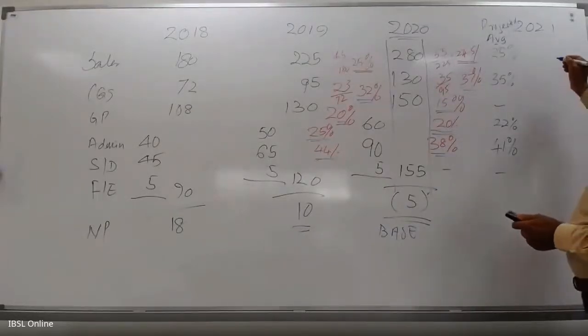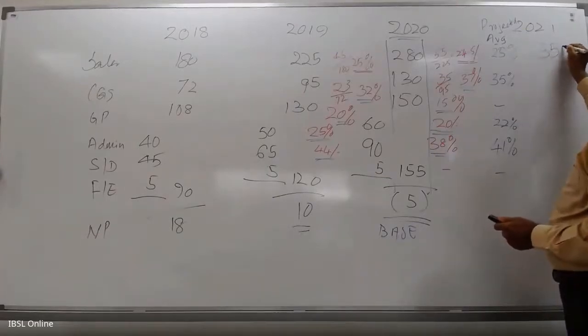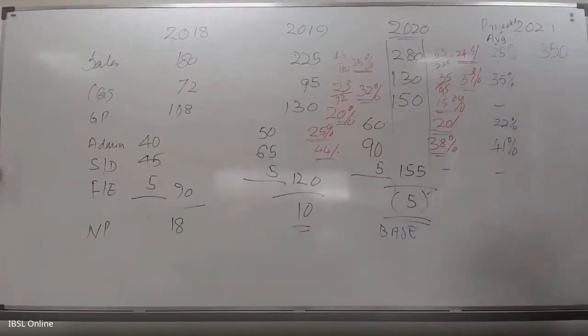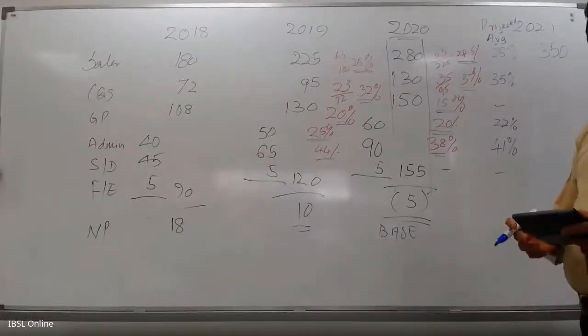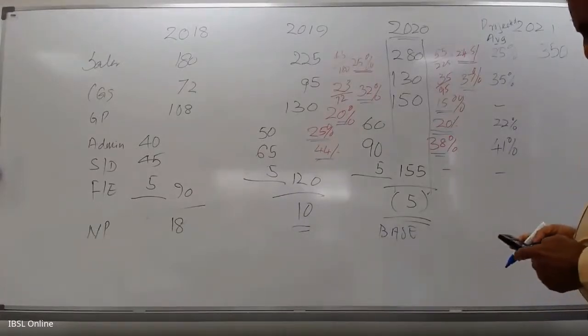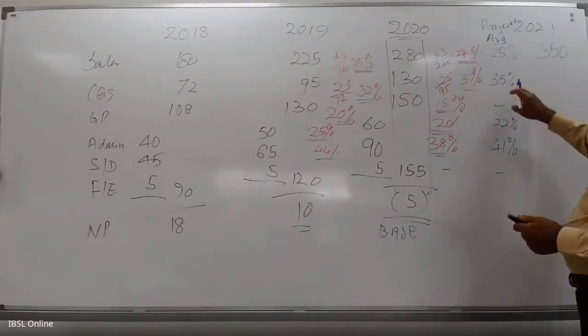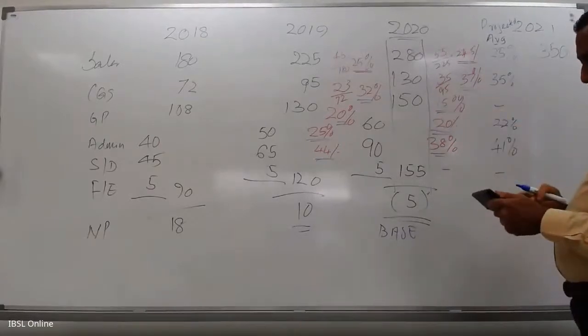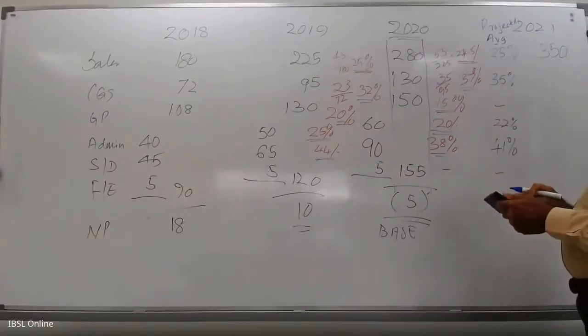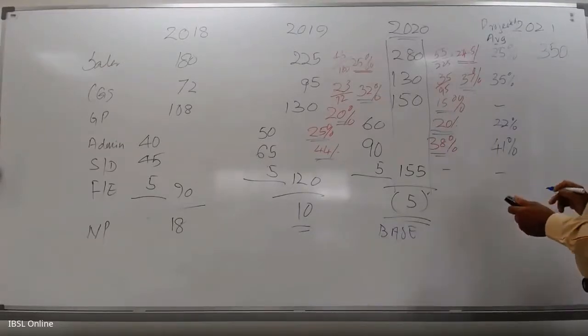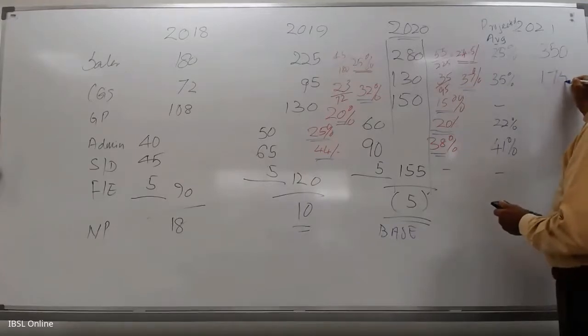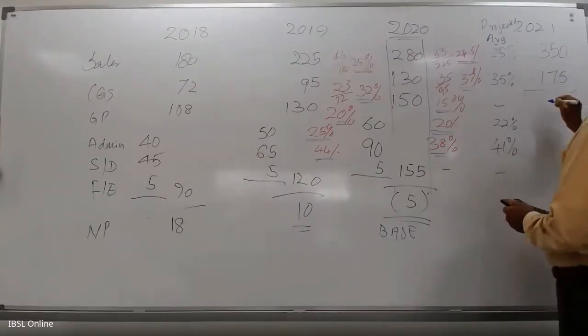So that's 350,000. And that is the projected annual figure for 2021. Right. CGS here, 35% on 130. 130 into 1.35, 175.